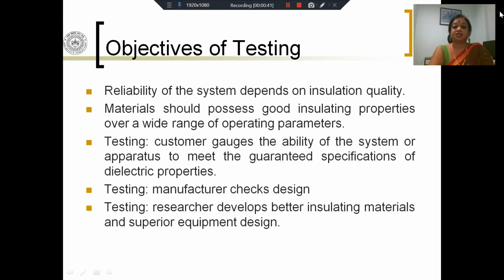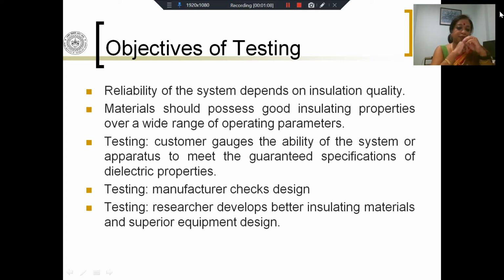Insulating materials that we use should have good insulating properties, and not only at a particular temperature, but over a wide range of operating parameters. Whatever parameters we expect will change in the field, the insulation has to have good dielectric properties over that entire range. And the only way to ensure that is testing.